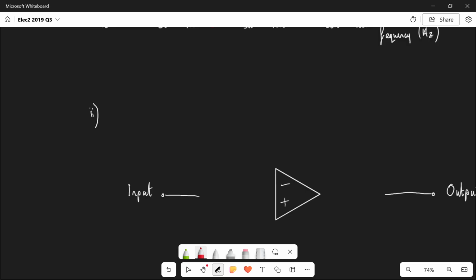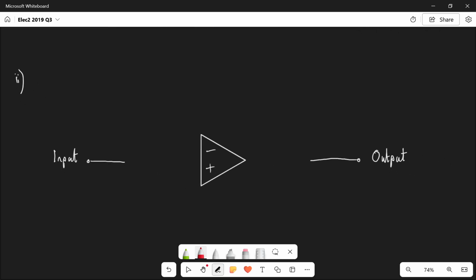Complete the circuit diagram for your design, and you're given just this part of a diagram. Now, what we need to realize is that this has to be an inverting amplifier. So we can actually draw the diagram to begin with, for an inverting amplifier.